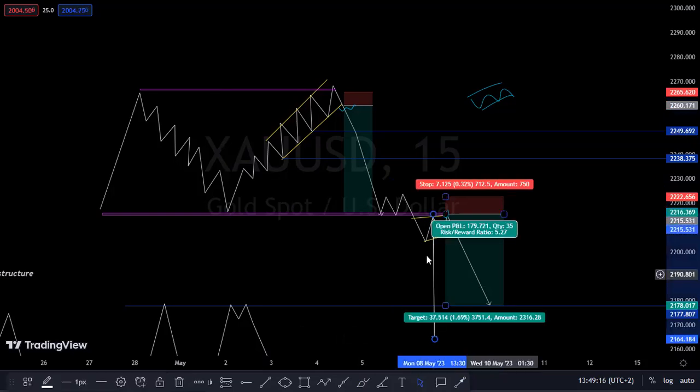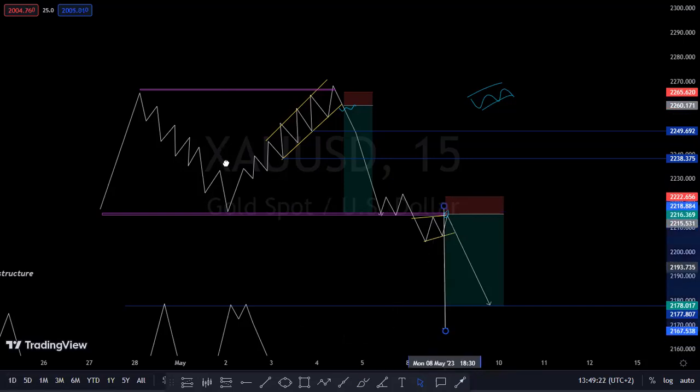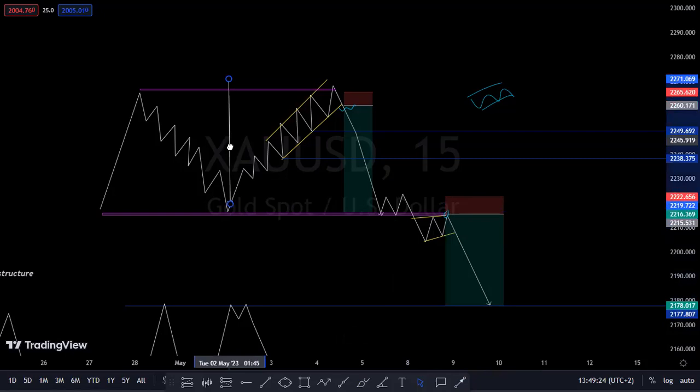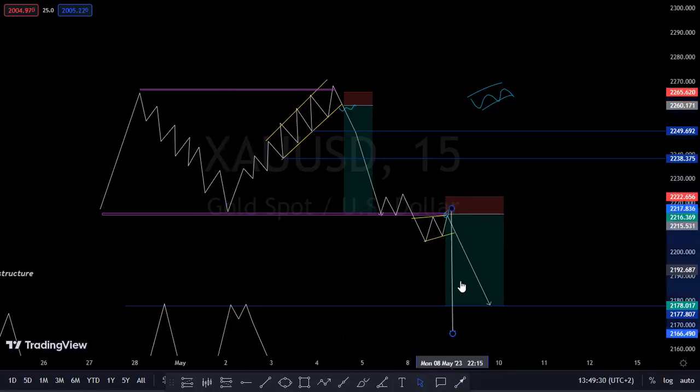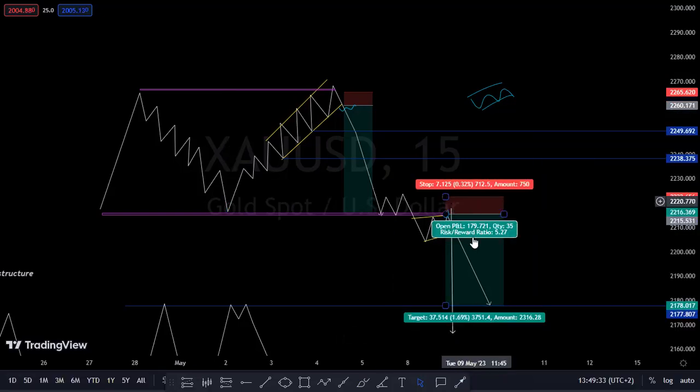In most cases, price will give you the same movement, covering the same pips that you measured with your arrow from the highs of the structure to the neckline. This is how you're going to know that this is a double top and how you're going to trade it.